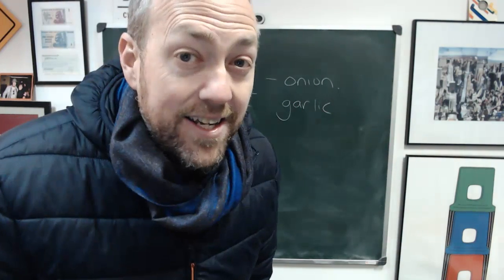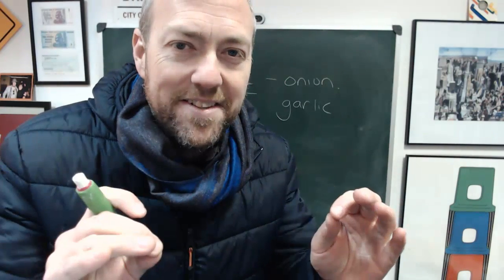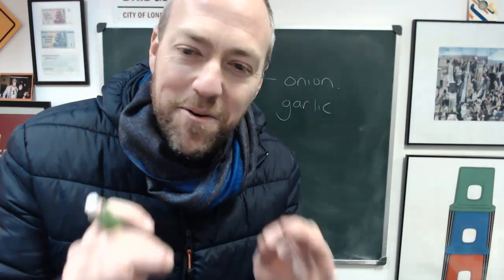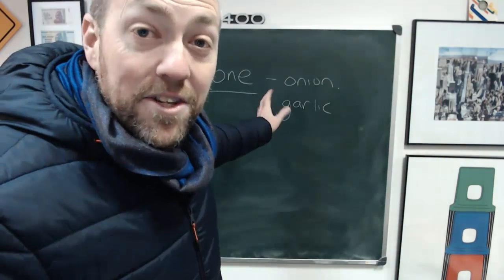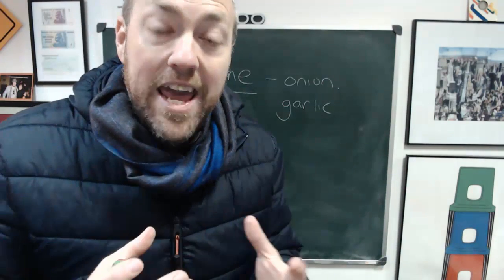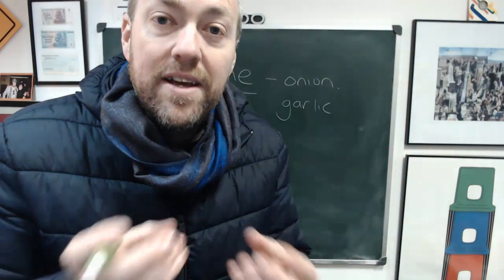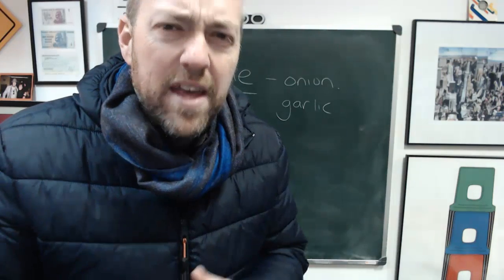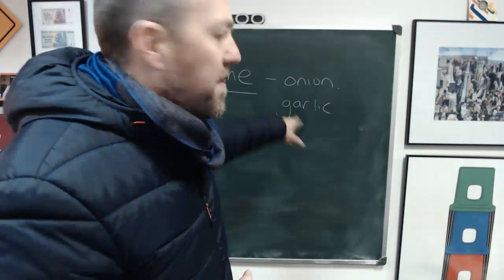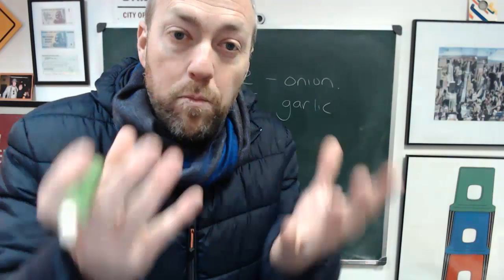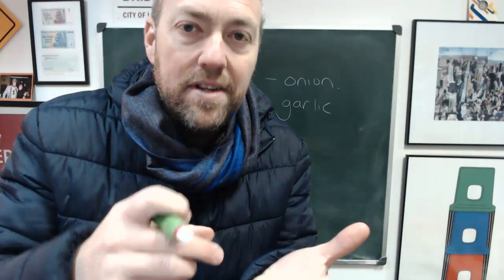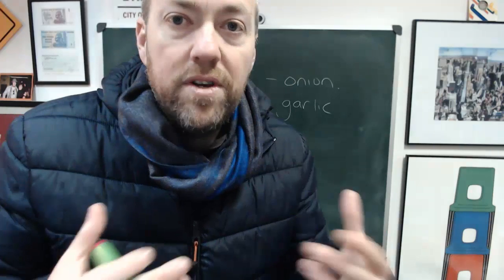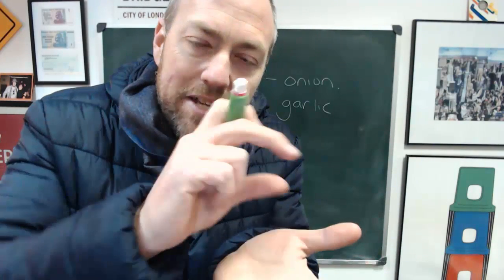Do you know what a garlic is? Garlic is delicious. Very, very delicious and important to life. Now, onion and garlic are the same family of food, the same species. But what's the difference? The garlic, when you open the garlic, has lots of different pieces, maybe 8 or 9 or 10 little pieces.